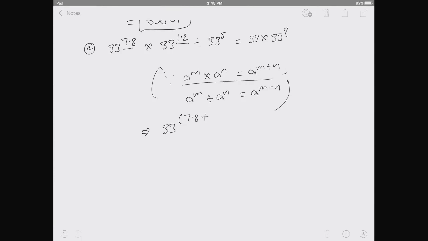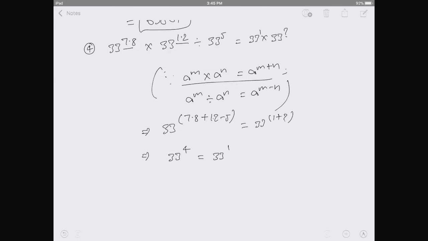This first formula is applicable in this place. You have divided by, so minus 5 is equal to 33 to the power of 4.